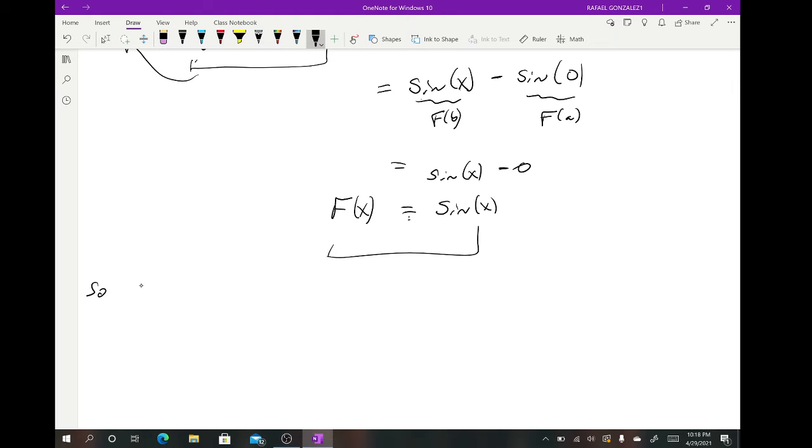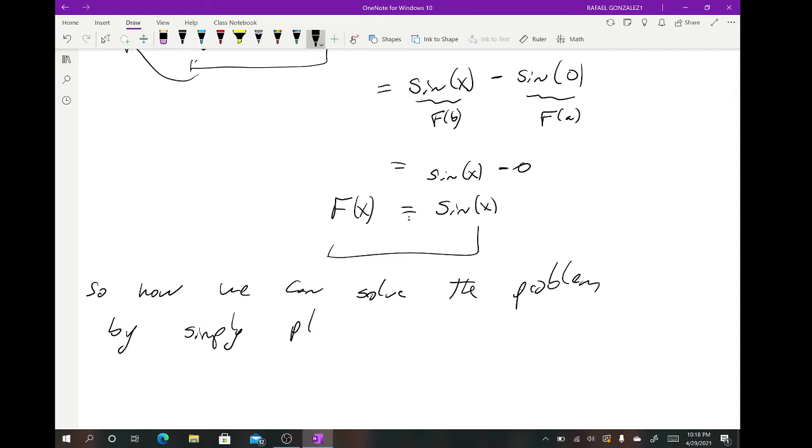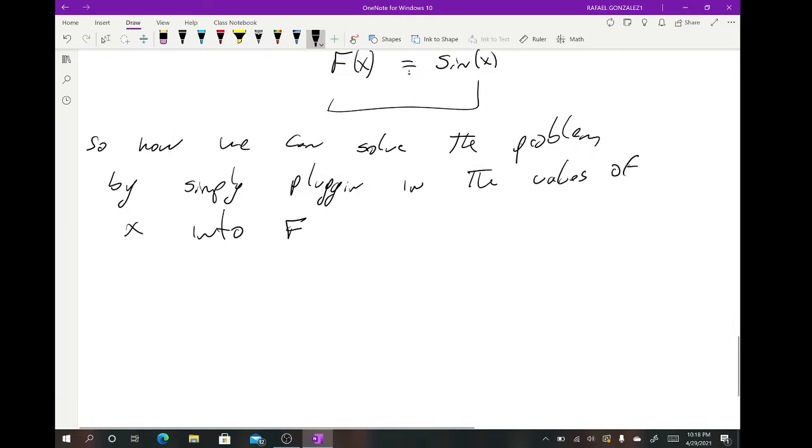So now we can solve the problem by simply plugging in for x. Plugging in the values of x into capital F. So what do we get?